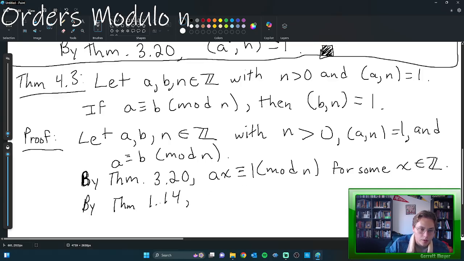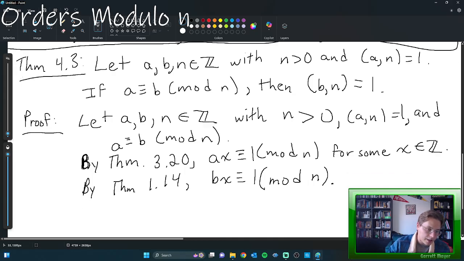So by theorem 1.14, b to the x is congruent to 1. So we can just sub in, since a is congruent to b, we can sub into this multiplicative product here. We can sub in b for a, and that's by theorem 1.14.